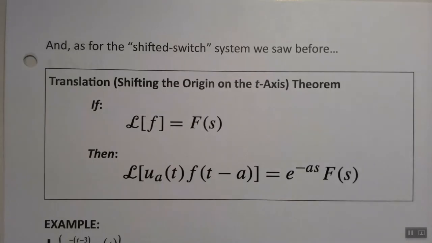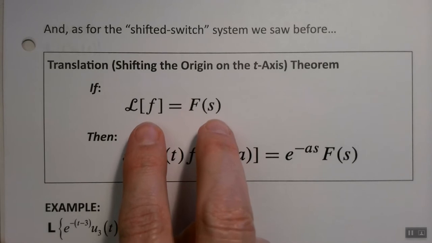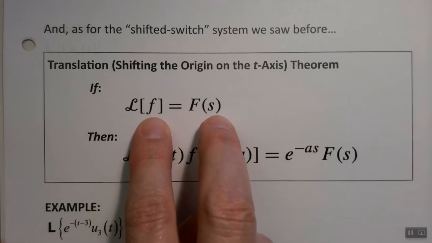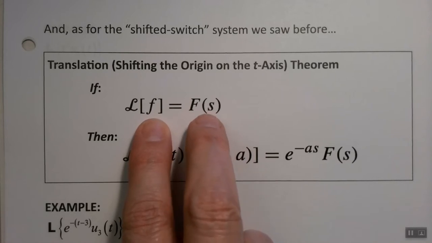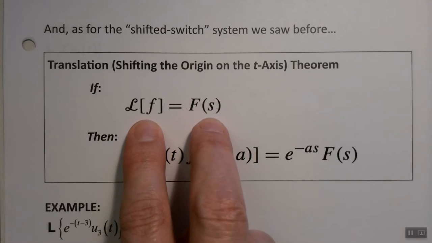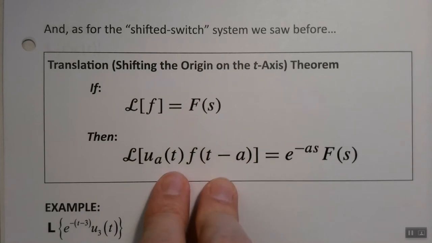So the top of the next page introduces the concept of a shifted switch system. And what does it mean to take the Laplace transform of a shifted switch? Well, on the surface it seems like it's going to be complicated, but really, if you know the Laplace transform of some function f of t is big F of s, if you know that to begin with, then we actually already know how to deal with the shifted switch.